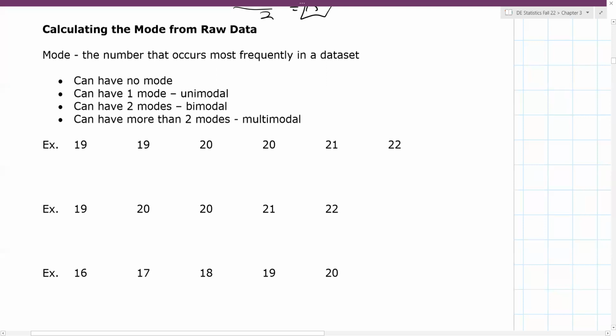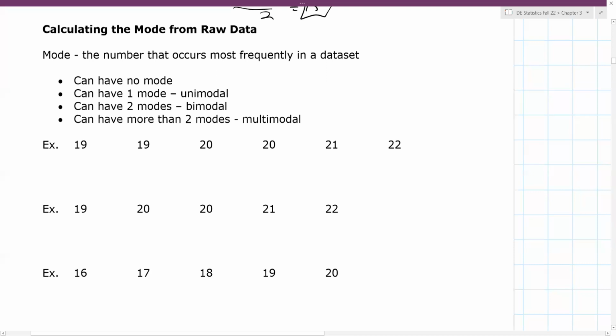Unimodal and bimodal are the most common types of graphs that you will see when doing research. And if you're doing research on something and you find out that there is more than one mode, typically that means you're looking at a population that has distinct subgroups within it.